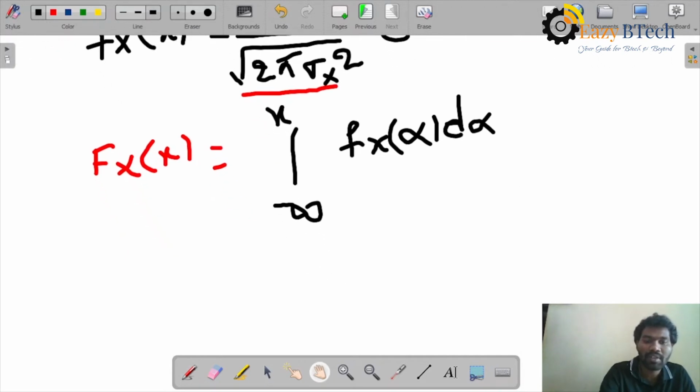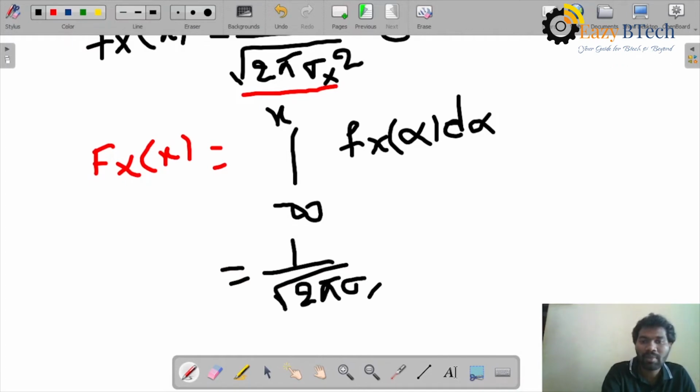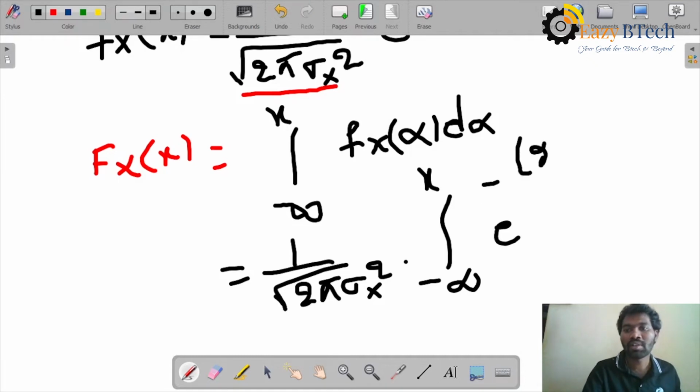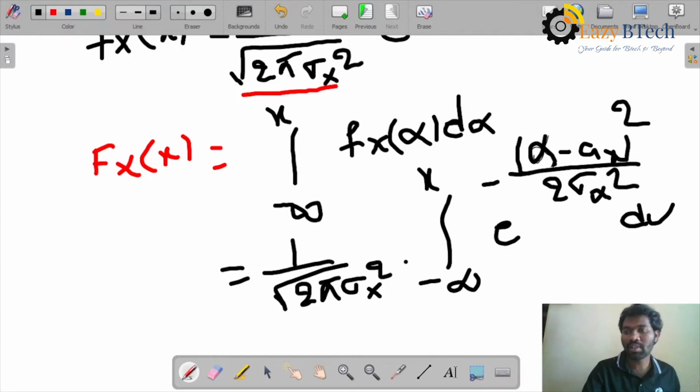That means the distribution function is equal to 1 by root 2 pi sigma x square into the integral from minus infinity to x of e power minus alpha minus ax whole square by 2 sigma x square into d alpha.